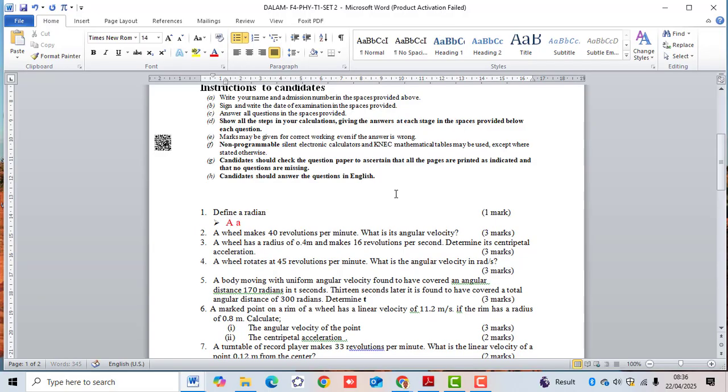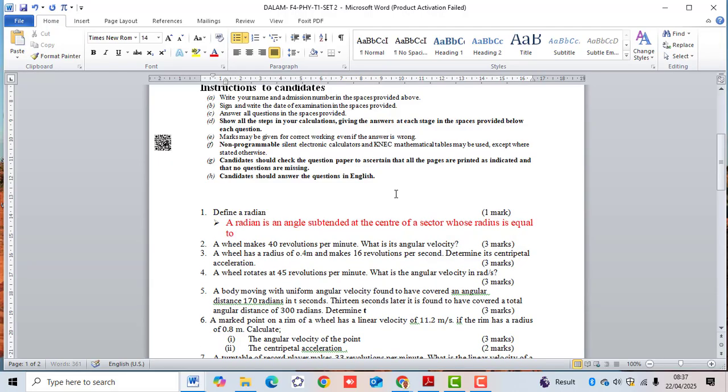A radian is an angle subtended at the center of an arc, of a center of a sector, whose radius is equal to the arc length, like that.